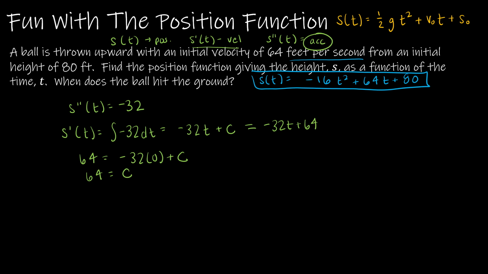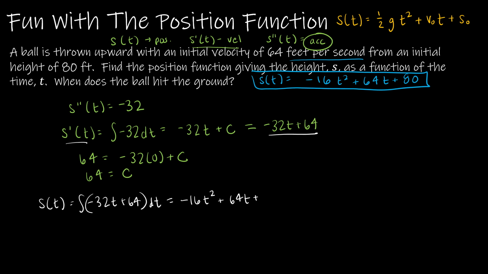If I want to find s of t, which is the position function, then I'm going to integrate s prime of t, which is negative 32t plus 64 dt. And if I integrate that, that gives me negative 32 t squared over 2, so that's negative 16 t squared, and then plus 64t plus c.